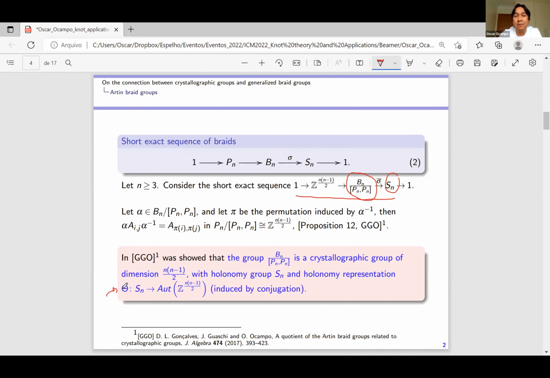This was the first connection between a braid-like group, in fact the classical one, and crystallographic groups. When we have this kind of group, we immediately try to obtain some of its properties, in particular properties of its structure.